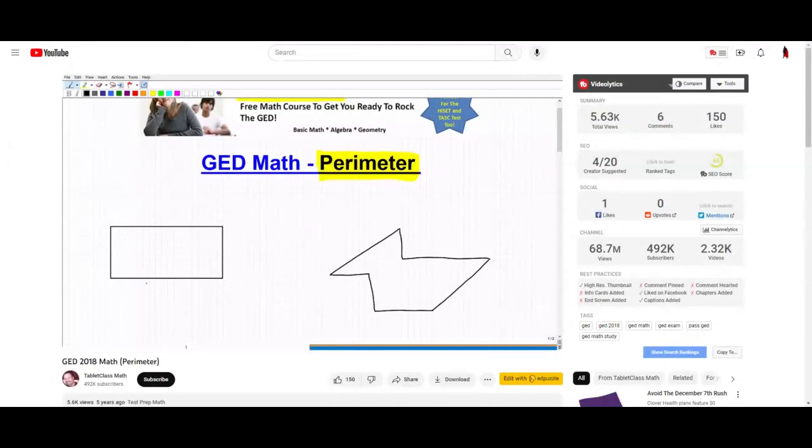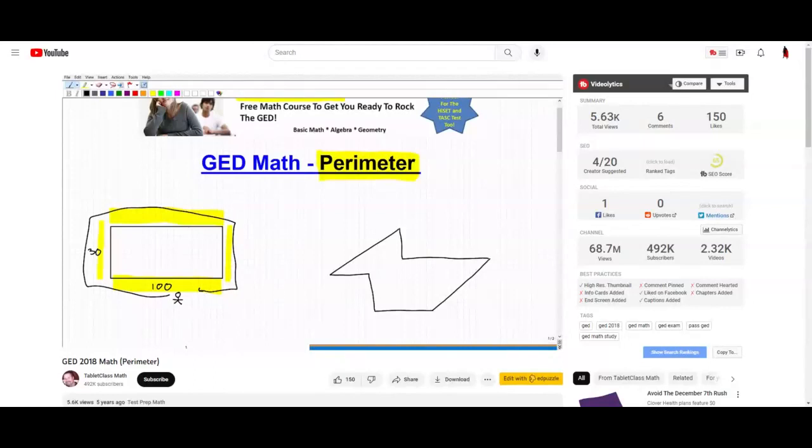So if this is a rectangle, let's say this is 100, and let's say this is 30, the perimeter would be this distance plus this distance plus this distance plus this distance. It's the total distance around an object. Just think of it as if you were walking around this thing and you wanted to measure how much you traveled if you were going to do a complete lap around something.